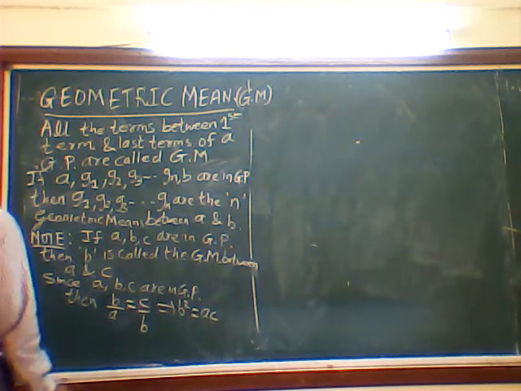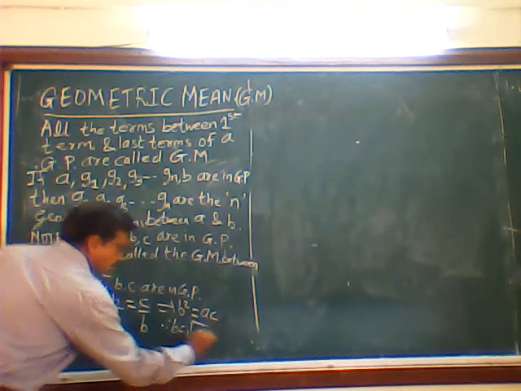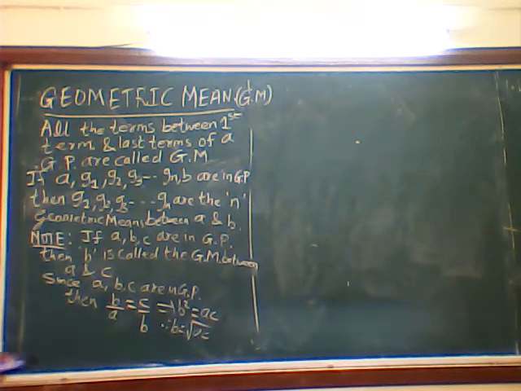Therefore B is the square root of AC. So that is the geometric mean.